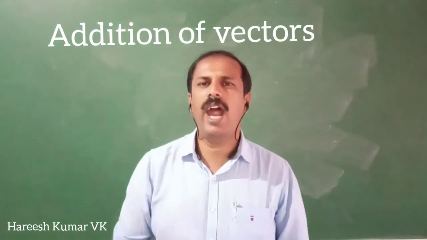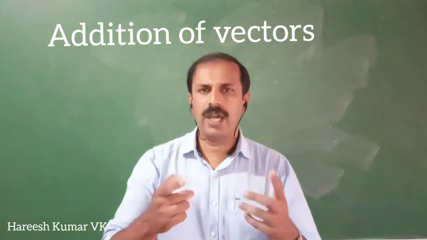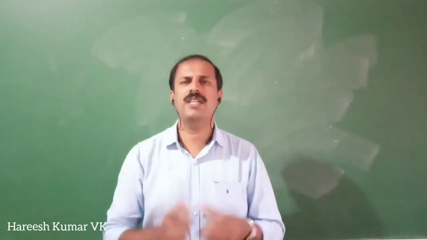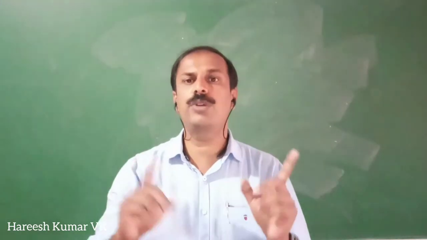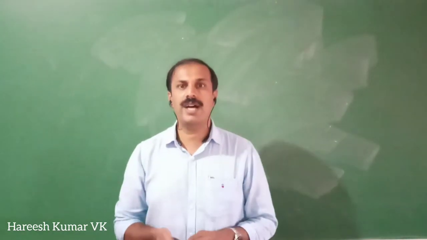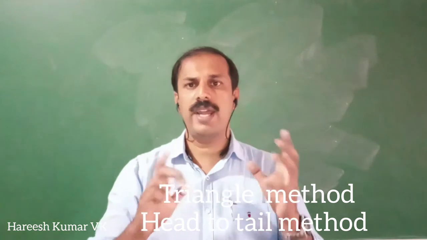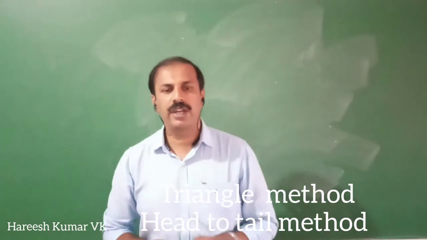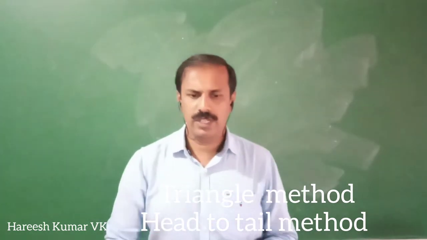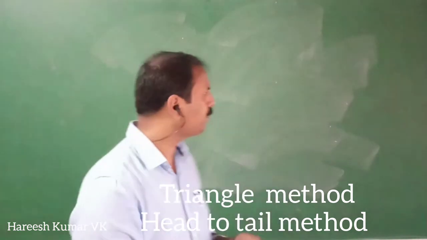Now if you want to add two vectors, there are many methods. The first and the simplest method is the head to tail method, or it is also called the triangle method of vector addition. So this method is very simple.